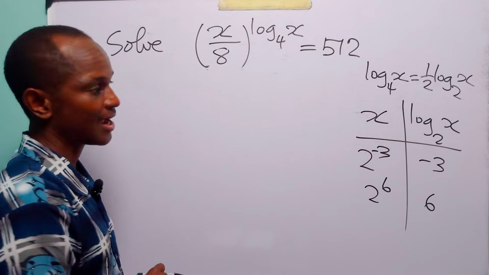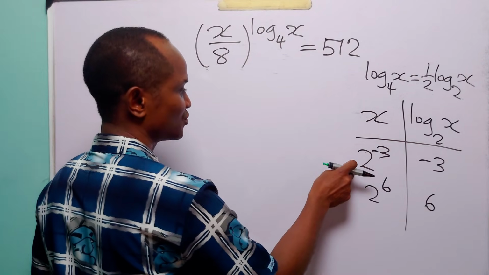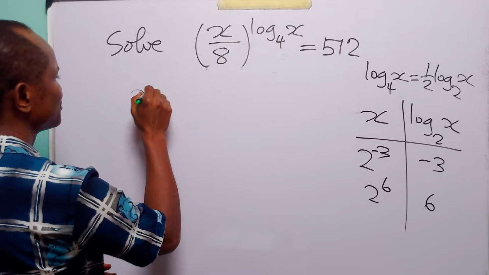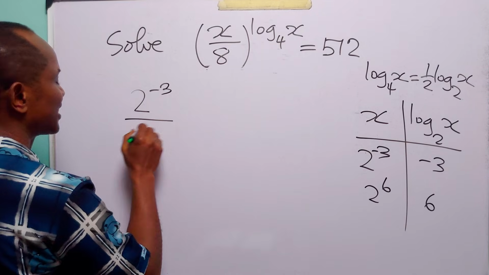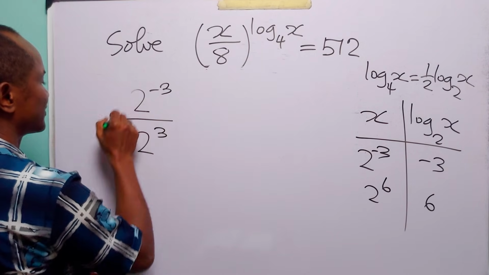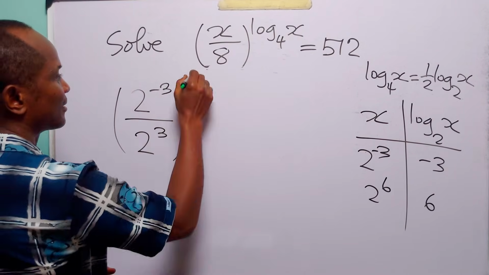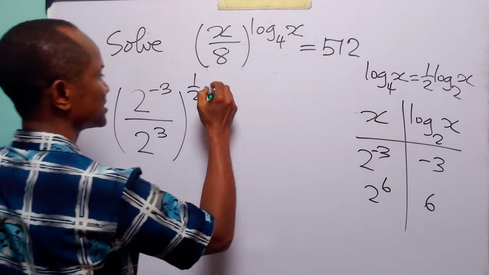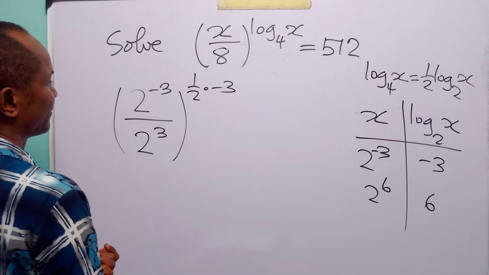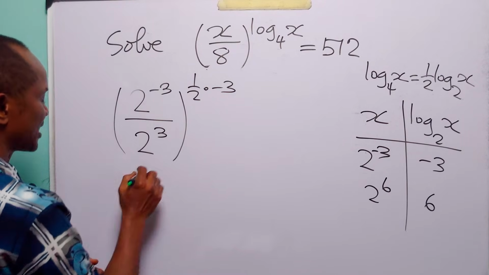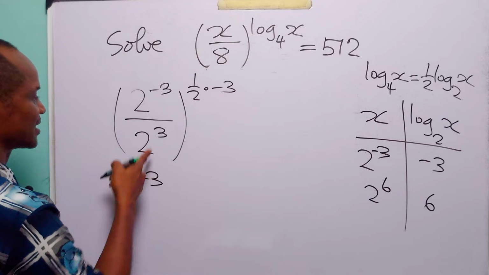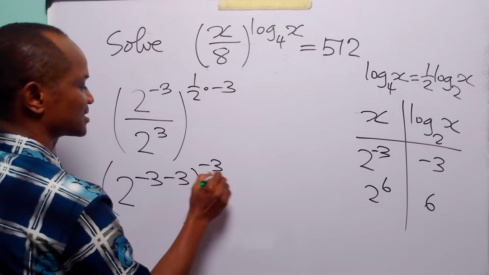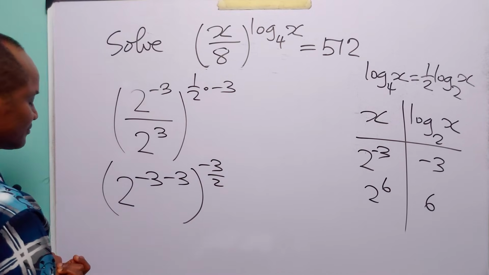And finally, to check our answer, when x is equal to 2 to the power minus 3, the left-hand side of this equation becomes 2 to the power minus 3 divided by 2 to the power 3 to the power half times log to base 2 of x, which is minus 3. Now, of course, from here we have 2 to the power minus 3 minus 3 to the power minus 3 over 2.